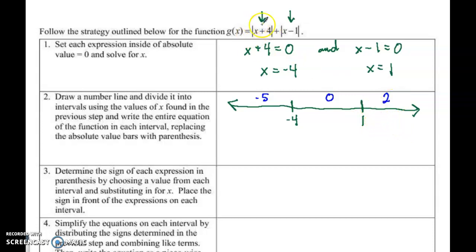So as we look at each one of these pieces, we're looking at x plus 4, and we're looking at that x minus 1. Well, let's think about, if I were to plug in -5 in for each of these values, well, -5 plus 4 is -1. Does the absolute value change? Well, yes, the absolute value changes a negative to a positive. So when we're looking at this piece, we want to do the opposite of x plus 4.